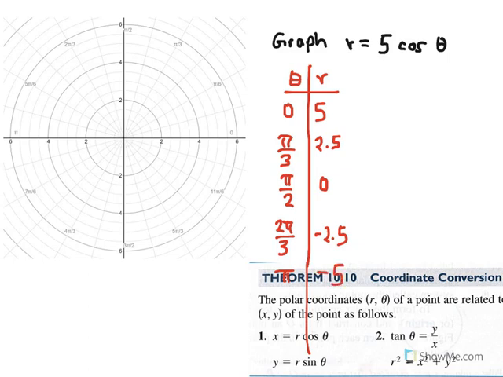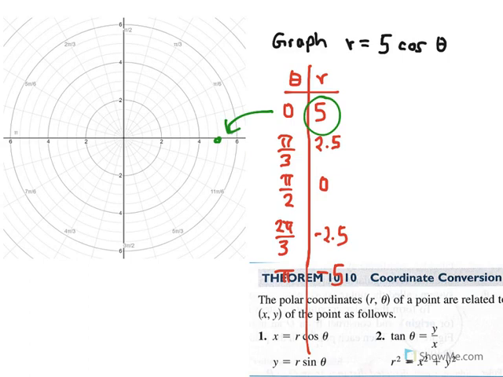So let's take a look at plotting these points. So if you have an angle of rotation that's 0 radians, then the terminal side of the angle will be along the polar axis. So now you want to locate a point that's 5 units from the pole on the polar axis. So that would be right here. So this is the point 5, 0.